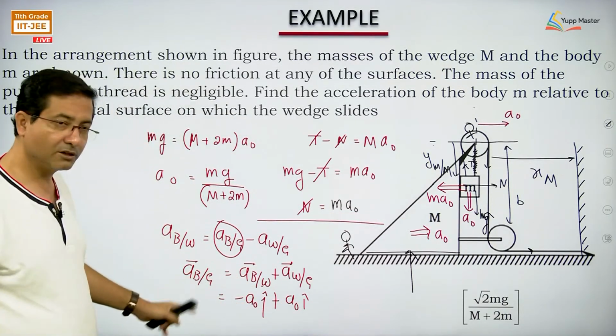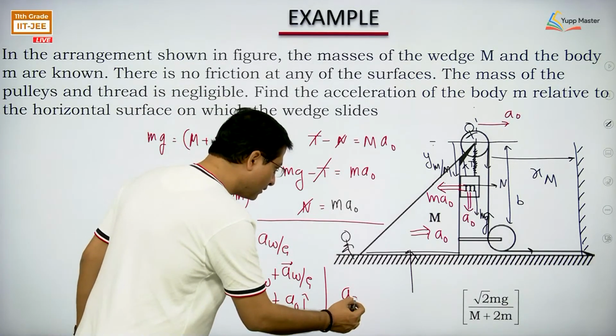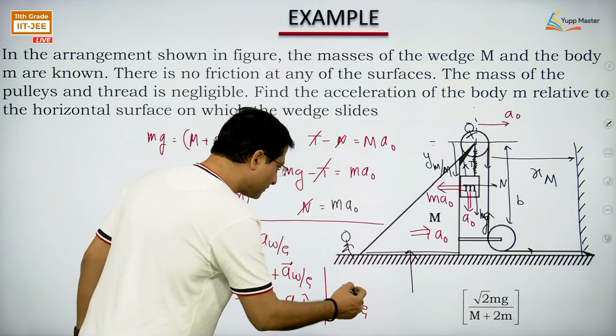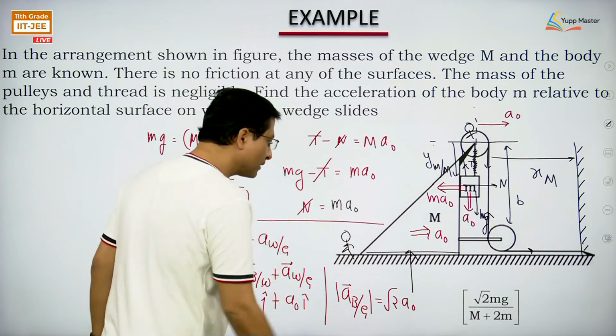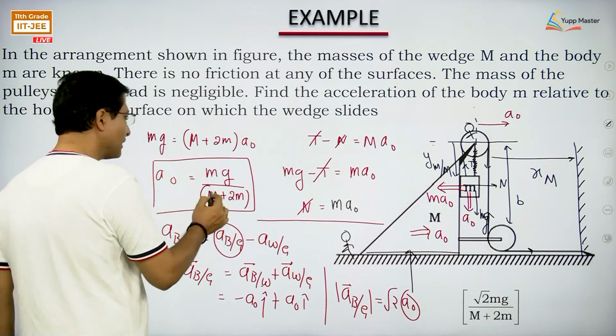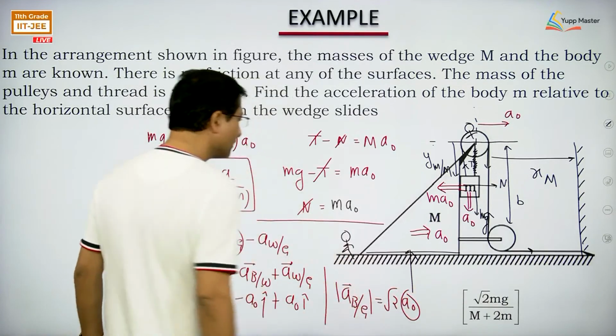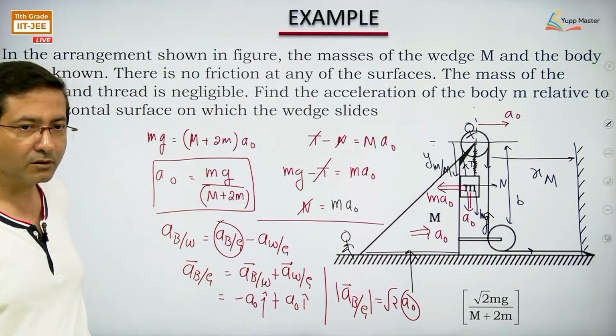So the resultant of these two, or I can say the mod of the block with respect to ground, is root 2 a naught, and the value of a naught we already have. This I will substitute here. This is the result we are getting.